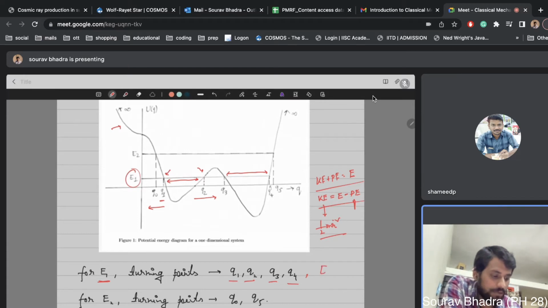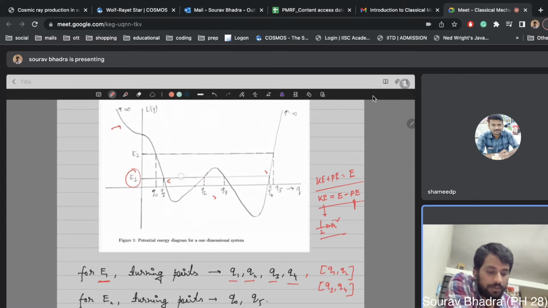Let us say it will be bounded in the Q1, Q2 range, where Q1 and Q2 are the lower and upper limit, as well as the Q3, Q4 range. It cannot go beyond Q4, it cannot go beyond Q1 as well, and also it cannot be in the Q2, Q3 range, as the potential energy is greater than the total energy E1. So this is the case for E1.